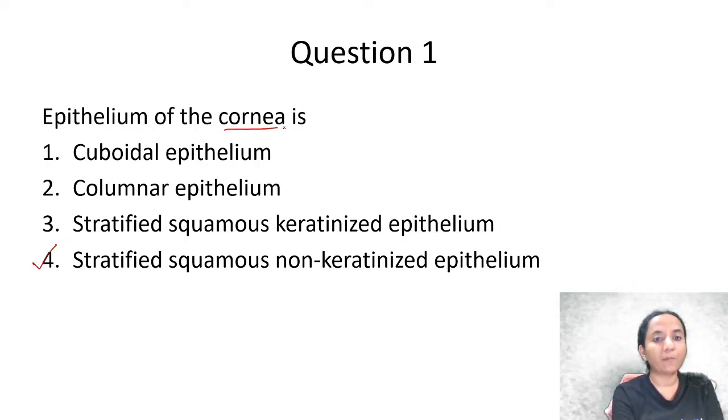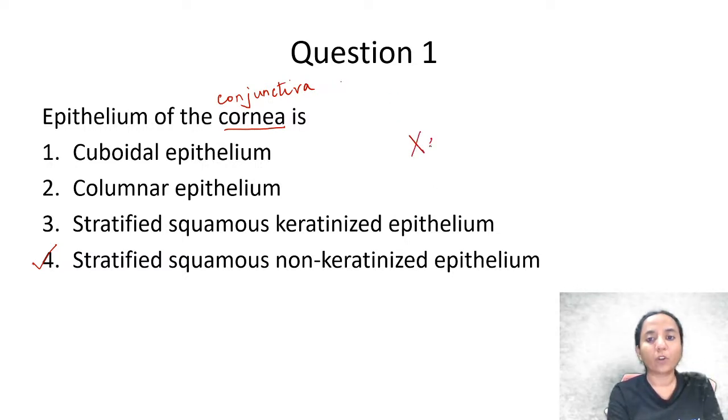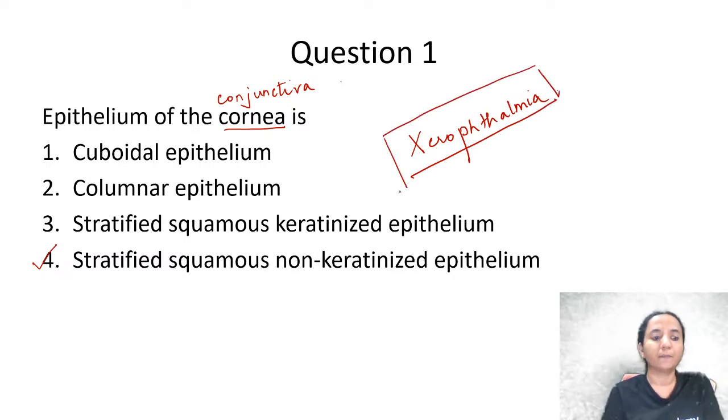So it's not just the epithelium of the cornea. If the question is the epithelium of the cornea or the epithelium of the conjunctiva, it is stratified squamous non-keratinized. And if we are asked what happens to the epithelium in xerophthalmia or vitamin A deficiency, then it is going to change to stratified squamous keratinized epithelium.